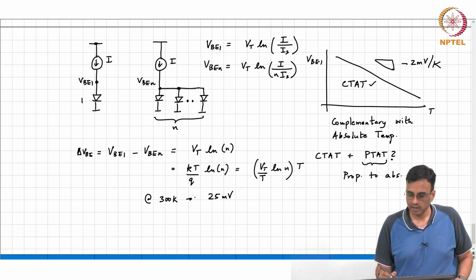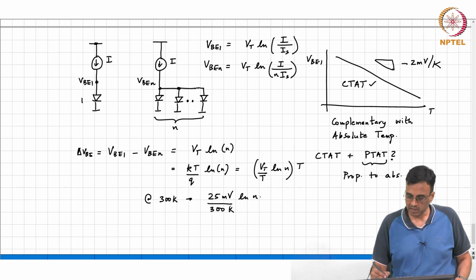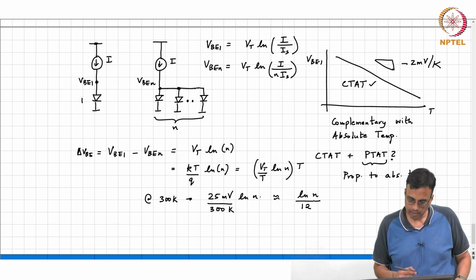25 millivolts by T, which is 300. So, this is ln n, which is approximately ln n by 12, is it 12?